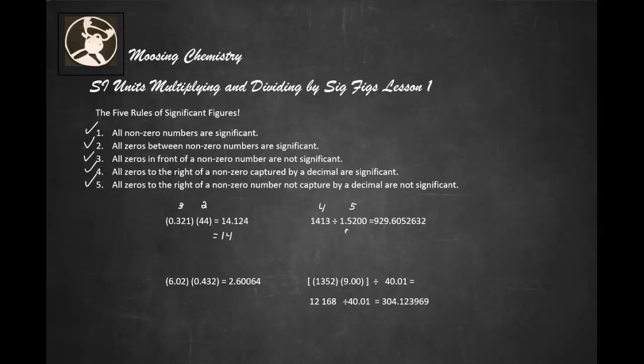So when we do this on a calculator, we get 929.6052632. Well, we can only be as accurate as our least number of significant figures. So we're going to use 4 numbers. Okay, and our answer will be, of course, 929.6.